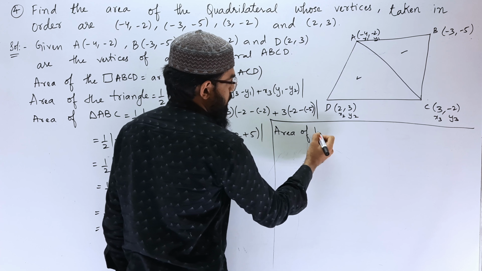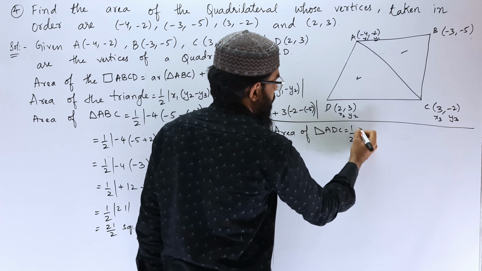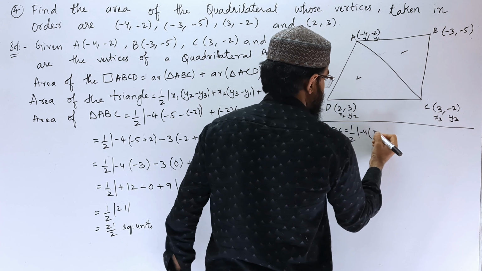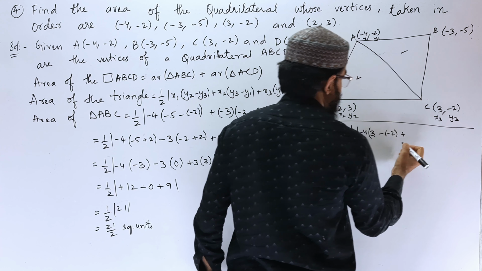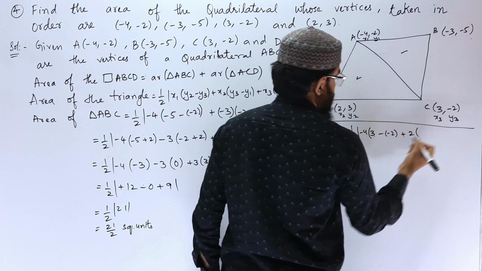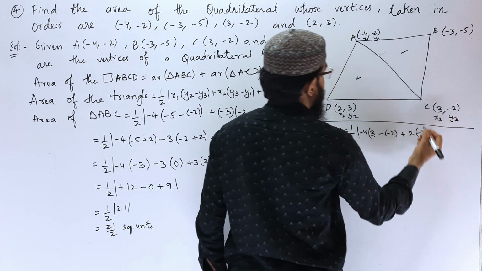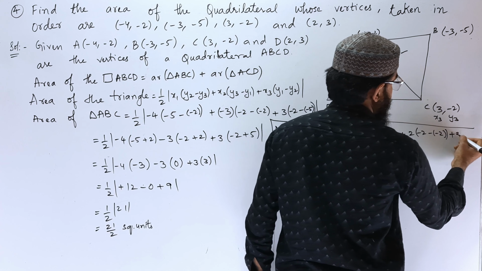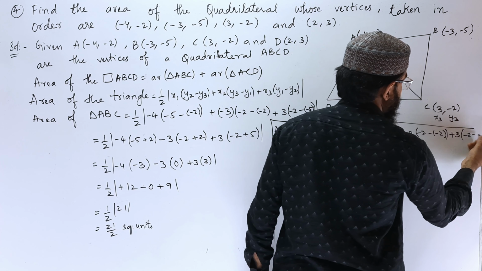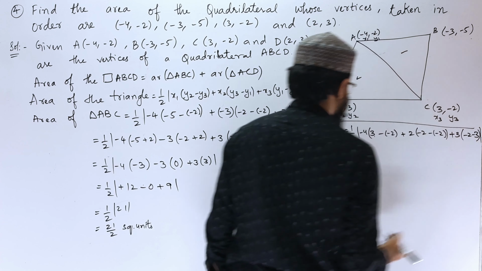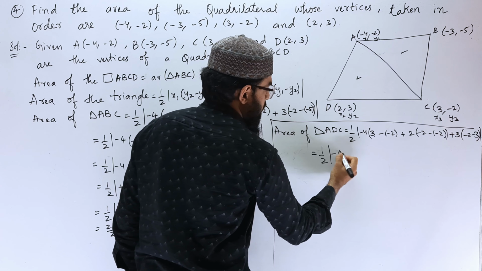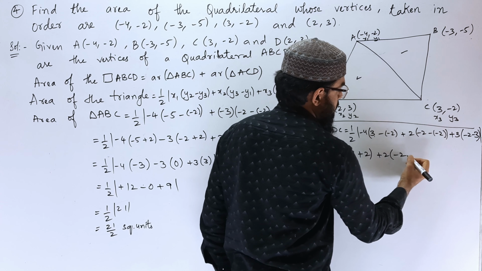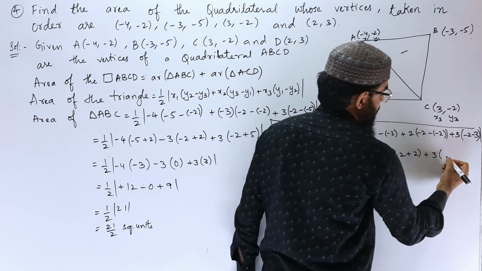So area of triangle ADC is equal to half mod x1 is minus 4, x1 into y2 minus y3, so this is 3 minus of minus 2, plus x2 is 2, x2 into y3 is minus 2 minus of minus 2, plus x3 is 3, y1 minus y2, that is minus 2 minus 3, which is minus 5.